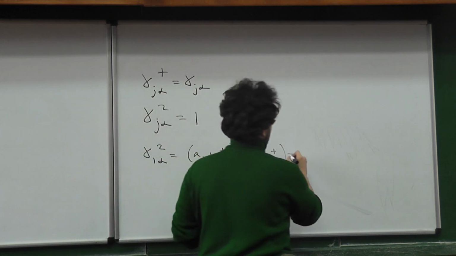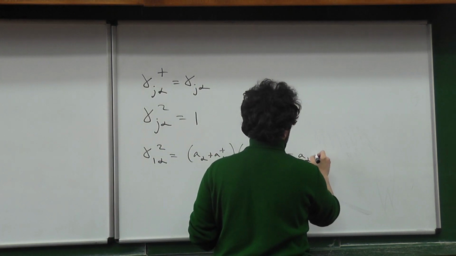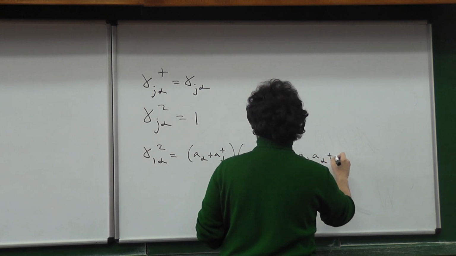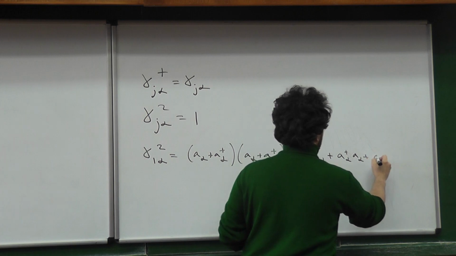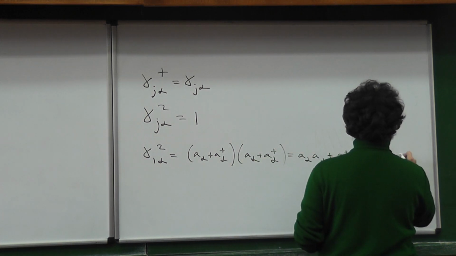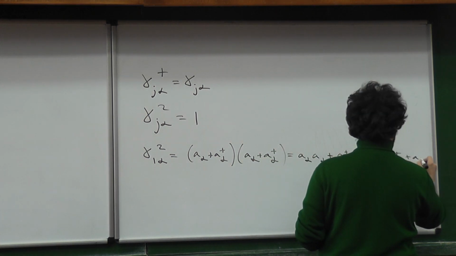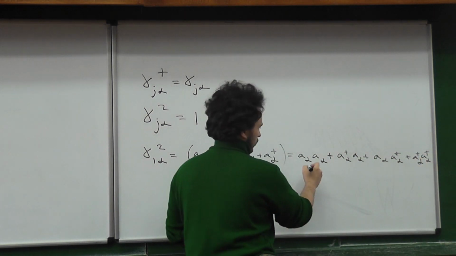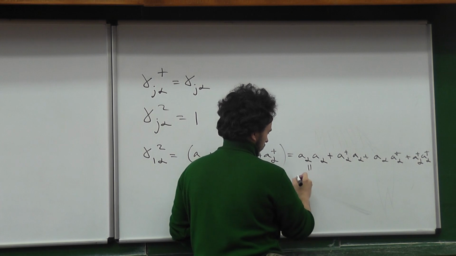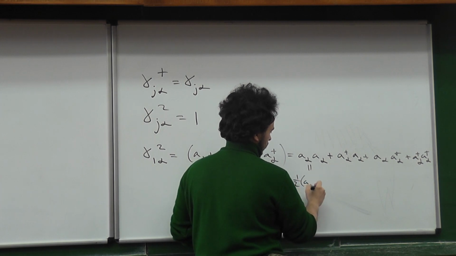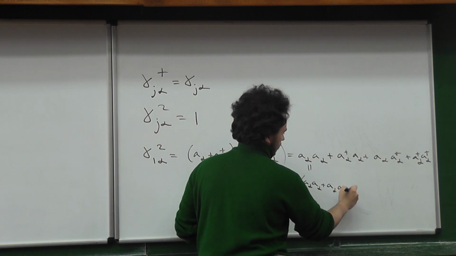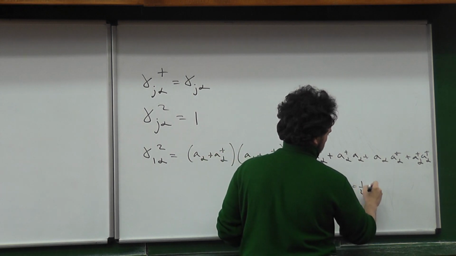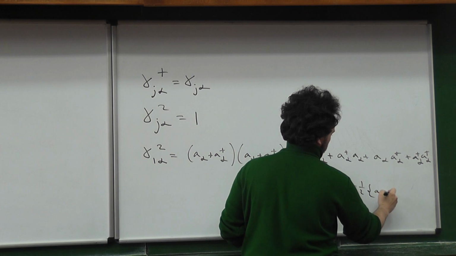We have A alpha A alpha plus A alpha A alpha dagger plus A alpha dagger A alpha plus A alpha dagger A alpha dagger. What is this? This is 1/2 the anti-commutator of A alpha.